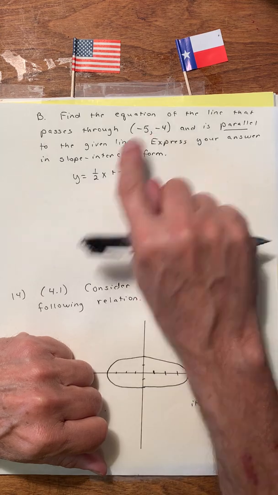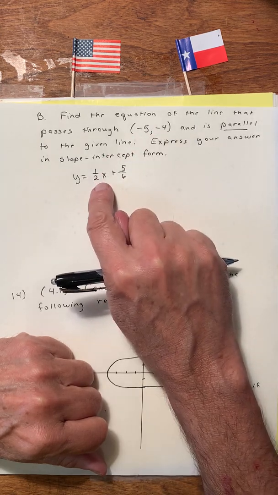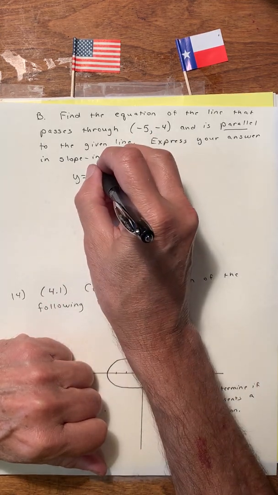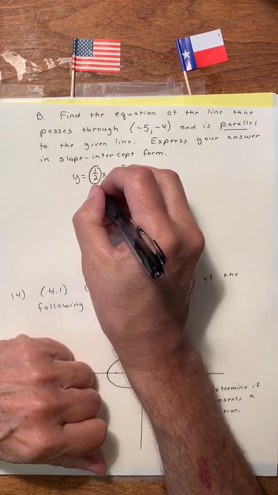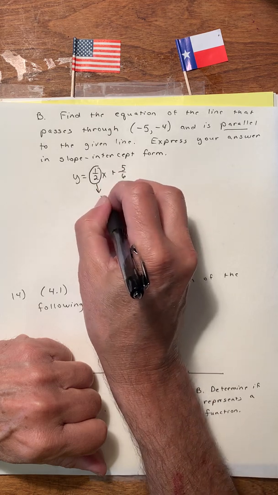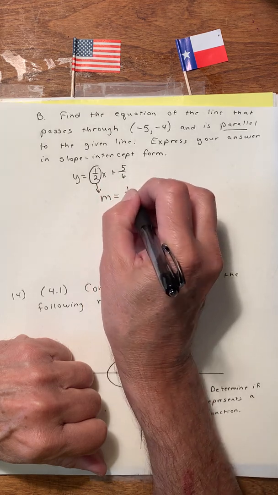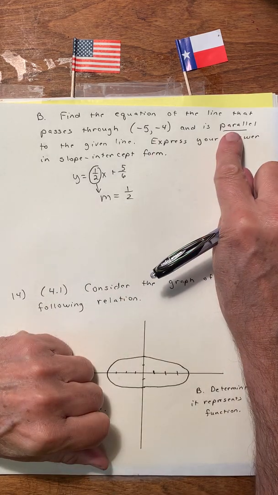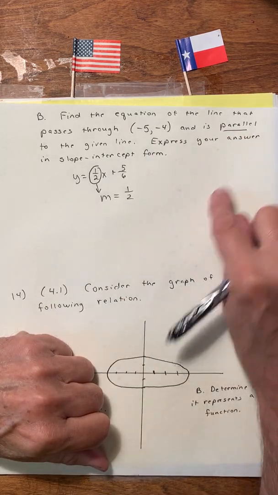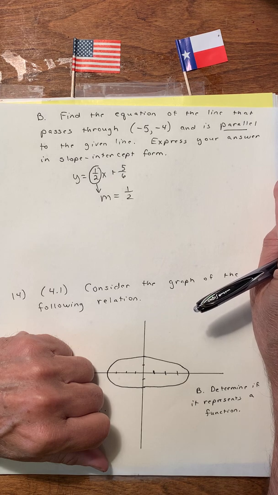I know this is the line that is parallel to my line, which means the only bit of information I need from this line is its slope. So I know my slope is going to be whatever the slope of this line is, which is 1/2. Why? Because parallel lines have the same slope.